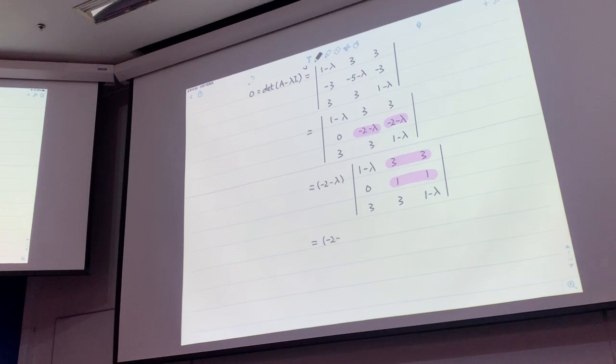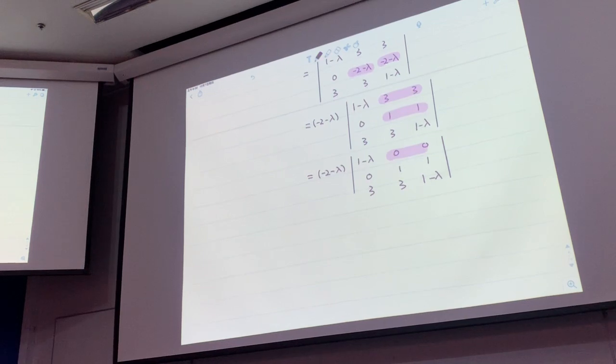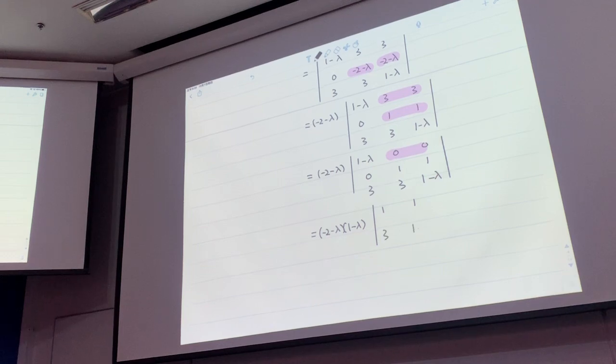So negative 2, negative lambda. And then here is 1 minus lambda, 0, 0. 0, 1, 1. 3, 1 minus lambda. Look, now we have 2 zeros in this row, so we can expand it directly. So which is negative 2 minus lambda times 1 minus lambda times the determinant of 1, 1, 3, 1 minus lambda.